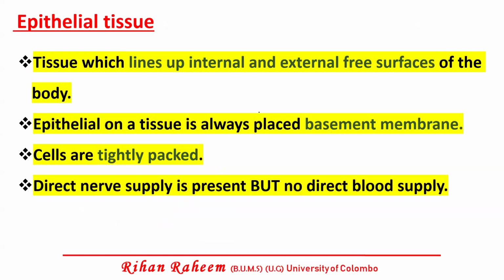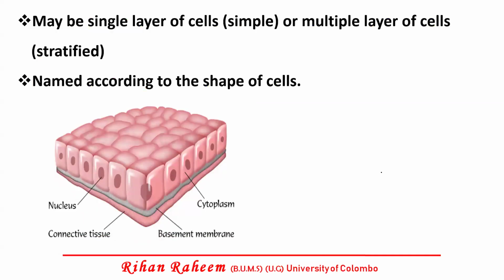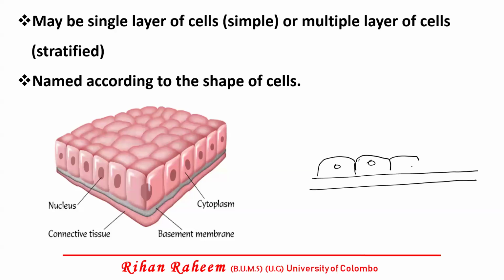Okay, these are the features. Yesterday only we studied this. Epithelial tissues always have a basement membrane. On the basement membrane, tightly packed cells are there. There can be a single layer or they can be multi-layered.